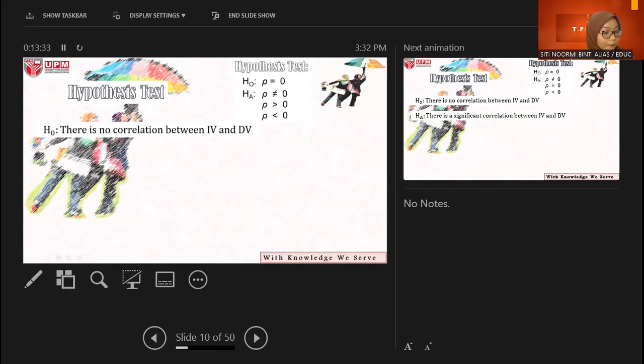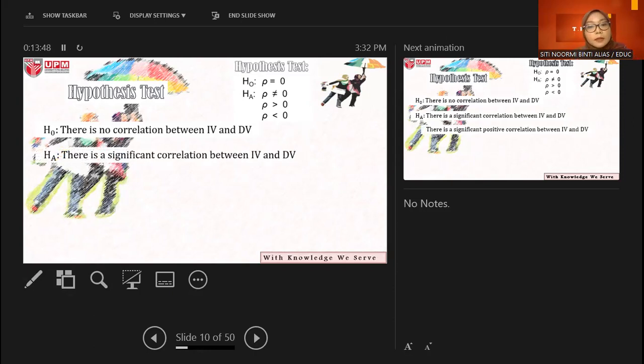But to be more practical, we try to translate our hypothesis into written form. For example, there is no correlation between IV and DV. Another example, there is no correlation between intention to leave and job performance, for example.